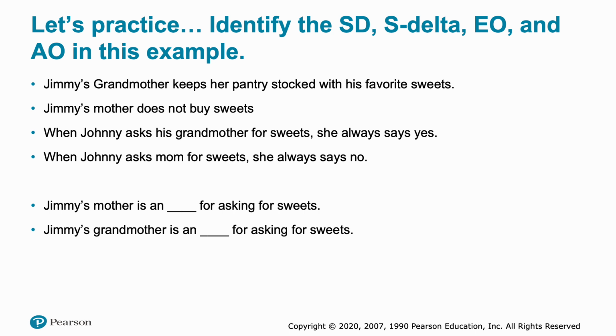The next statement says, Jimmy's grandmother is a blank for asking for sweets. Take a second and think about what you think this response is. Okay, so Jimmy's grandmother is an SD for asking for sweets.